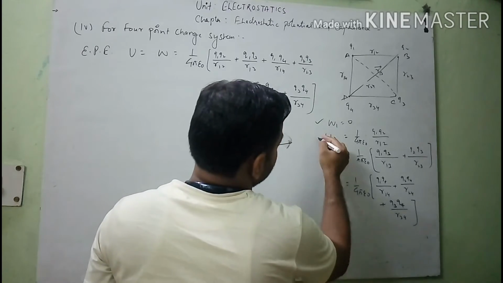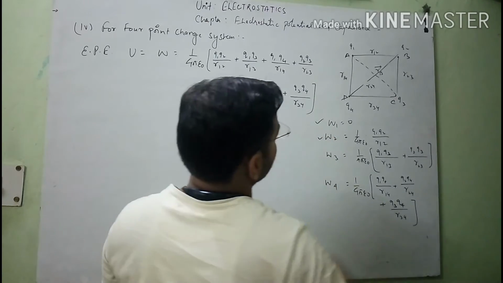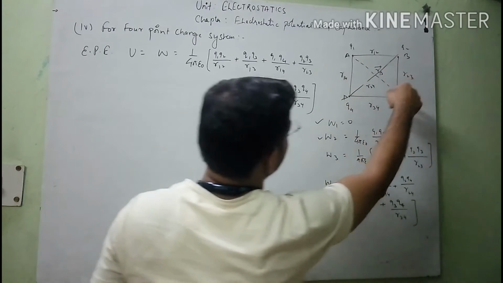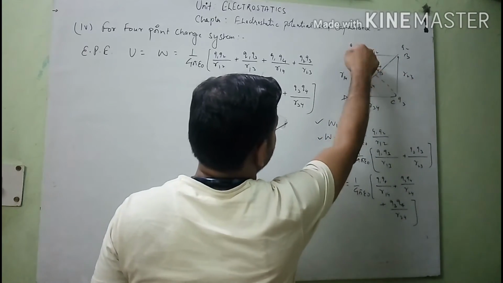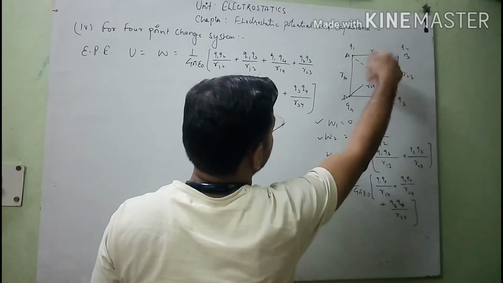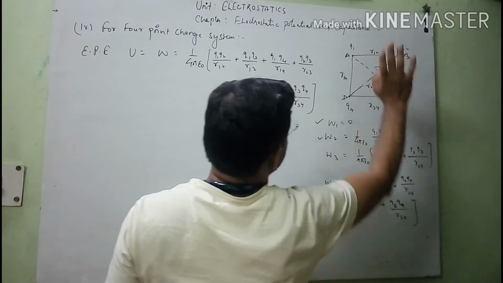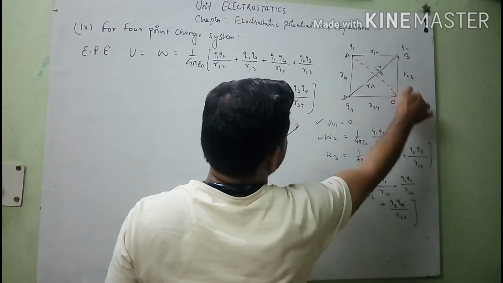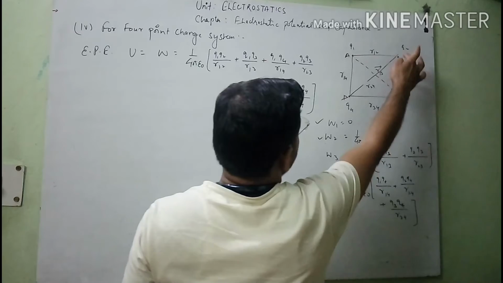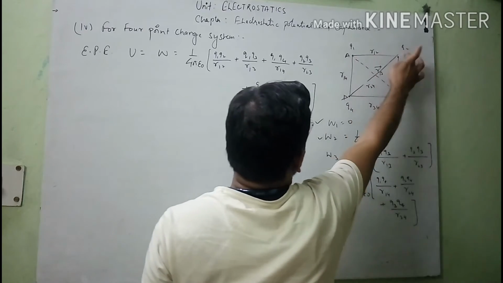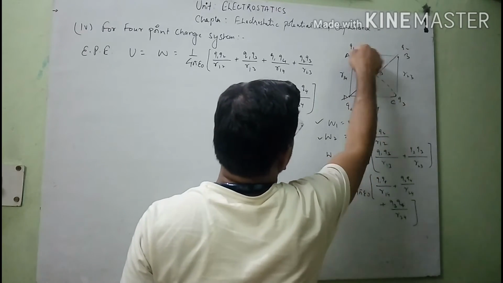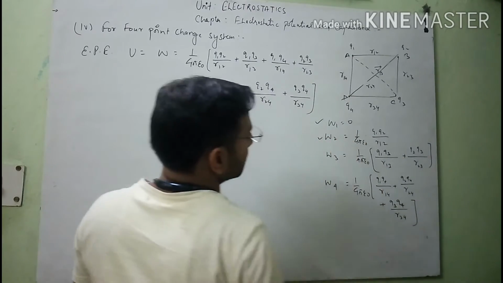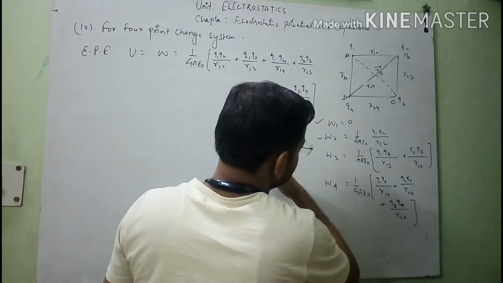After that, when we carry the charge Q2 from infinity to any respective point, Q2 will do the work against Q1, because the other charges are absent at that time. The amount of work done by Q2 against Q1 is given by this, which is stored as potential energy, as we discussed.